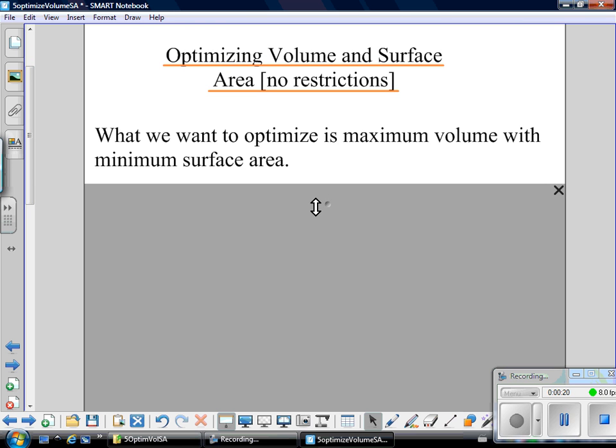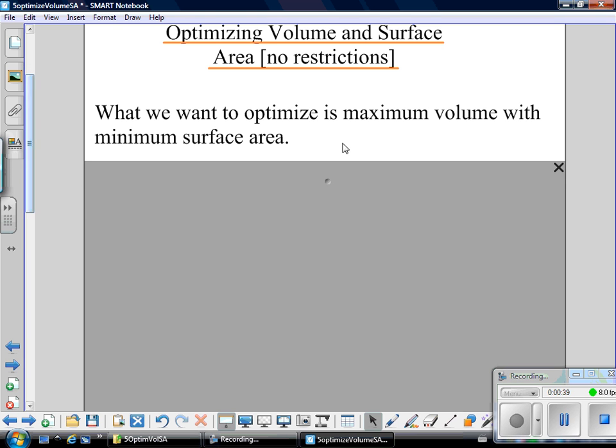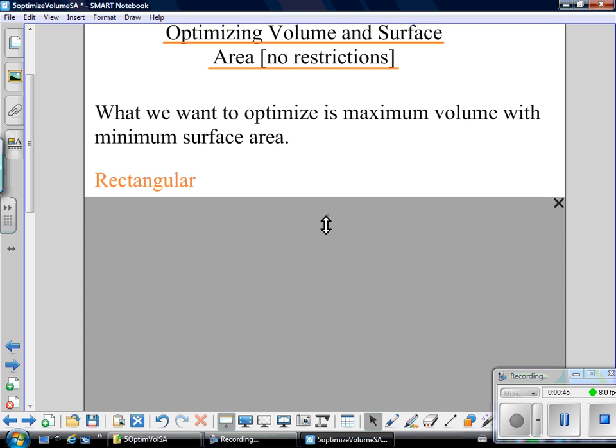We want a maximum volume with the minimum amount of surface area. So we want the volume to be as large as possible, but we want to use the least amount of surface area. This has a lot of practical applications, especially when we're talking about packaging. So that's one reason why we're studying it.